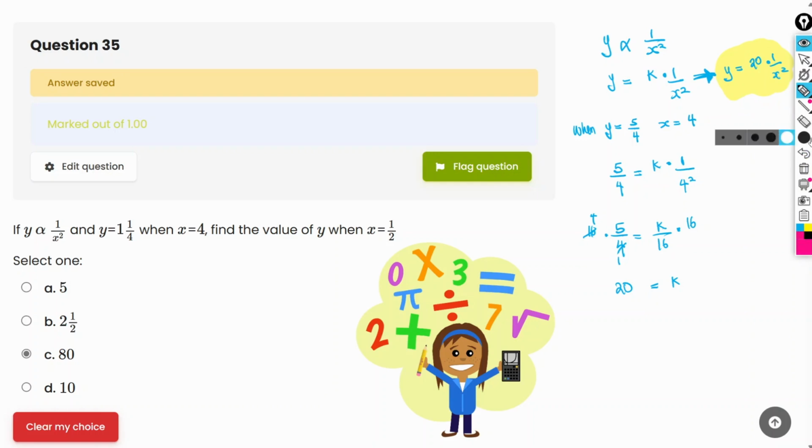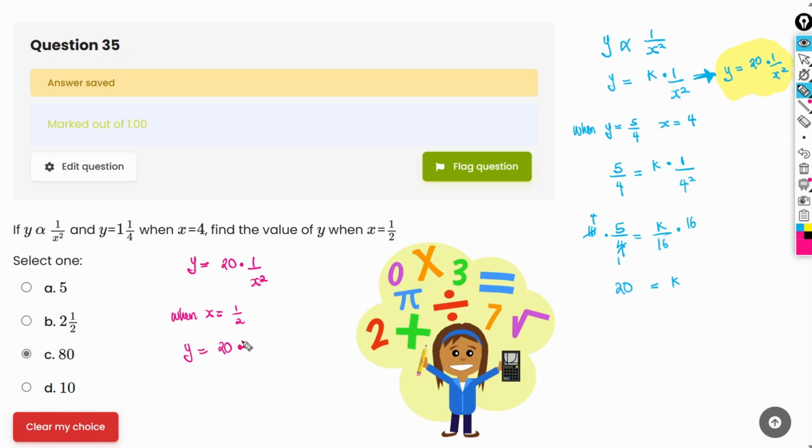All right, so going from here now, let me write out the actual relationship that we just got. y is equal to 20 times 1 over x squared. We are now asked for the value of y when x is half. So when x is half, let's plug in and see. y would be equal to 20 times 1 over half squared.